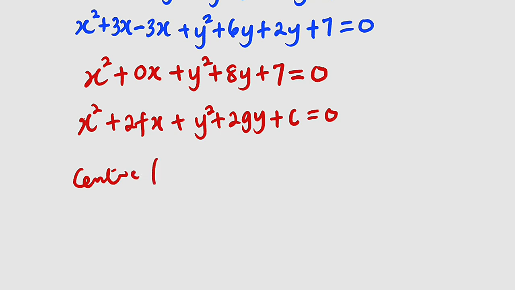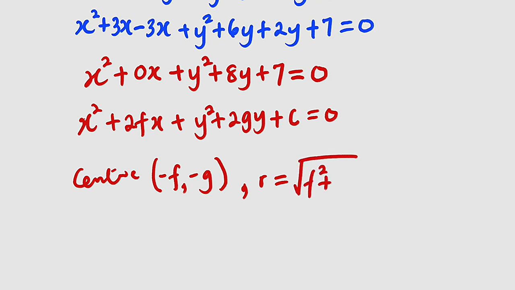The center has the coordinates negative f, comma, negative g. And the radius can be obtained by taking the square root of f squared plus g squared minus c. This is our value of c, which corresponds to 7 here.